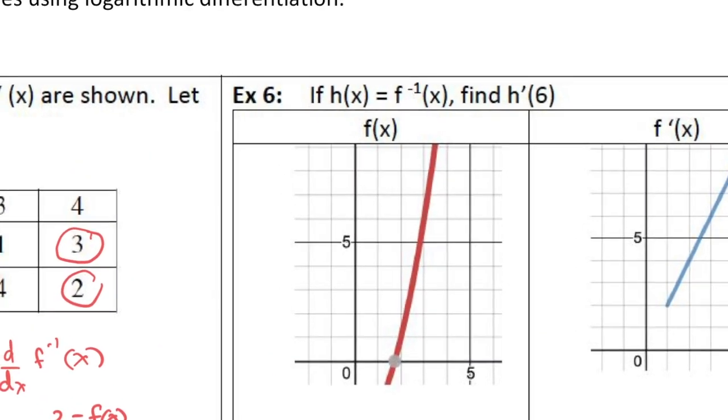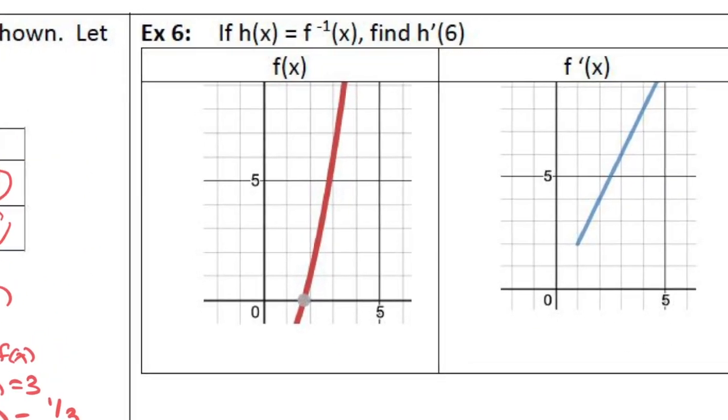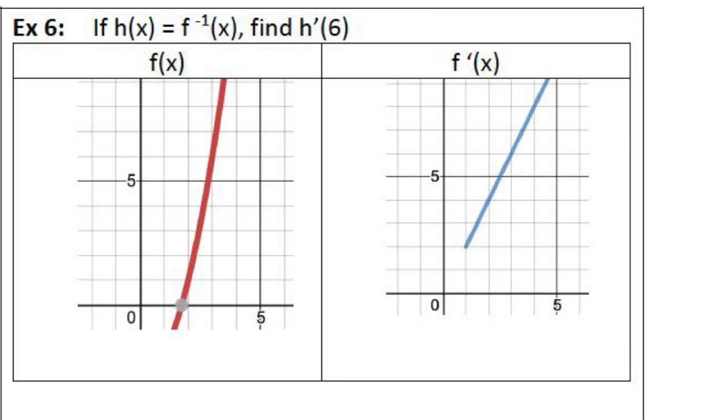Now let's look at example 6. We're asked to find h prime at 6, where h is the inverse of f. So begin by figuring out where f of x is equal to 6. We see that f of x is equal to 6 when x is equal to 3. Next, we want to figure out what is f prime at 3.